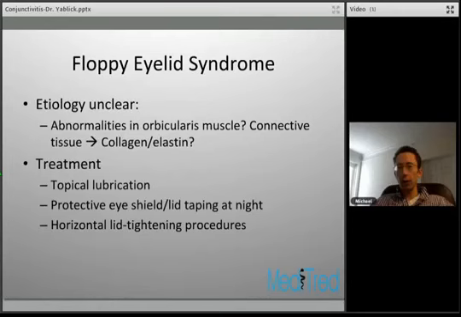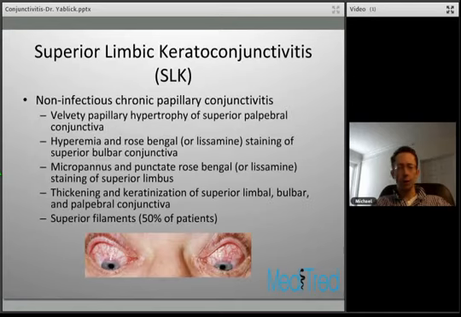Another condition which is interesting is called superior limbic keratoconjunctivitis, or we'll abbreviate it SLK. This is a non-infectious condition that also causes a chronic papillary reaction. It's characterized by a velvety papillary hypertrophy of the superior palpebral conjunctiva, but you also have hyperemia and either rose bengal or lissamine green staining of the superior bulbar conjunctiva.